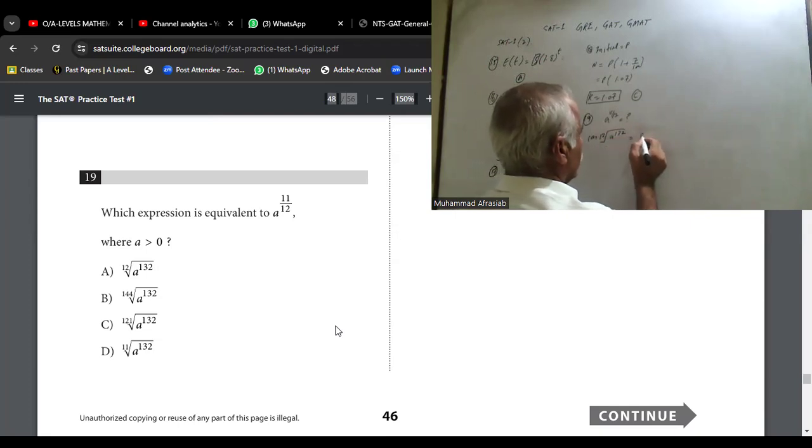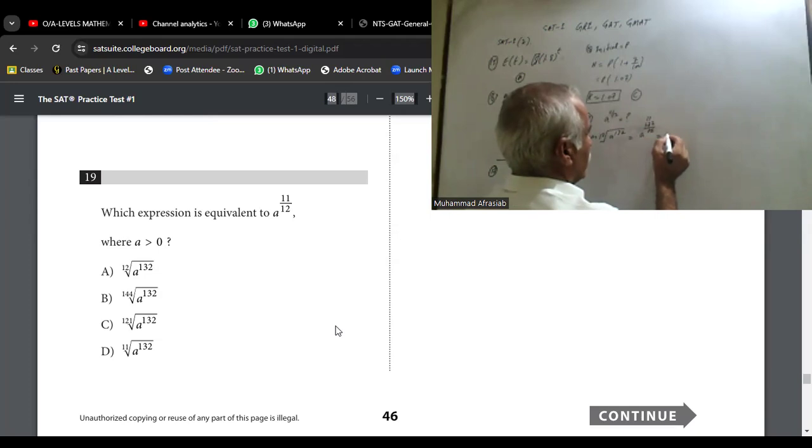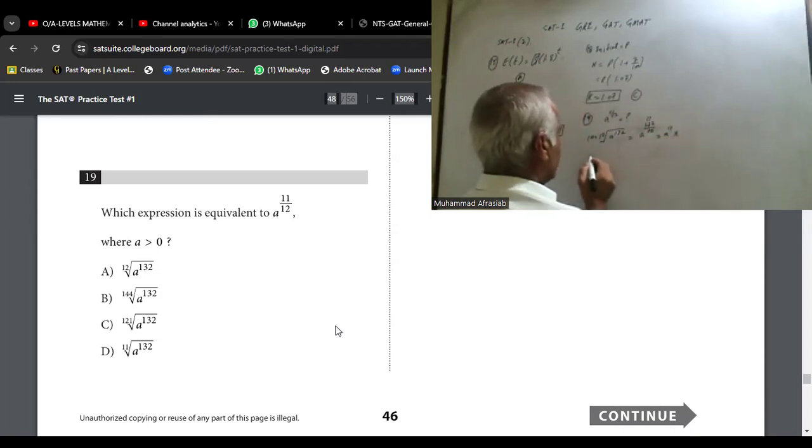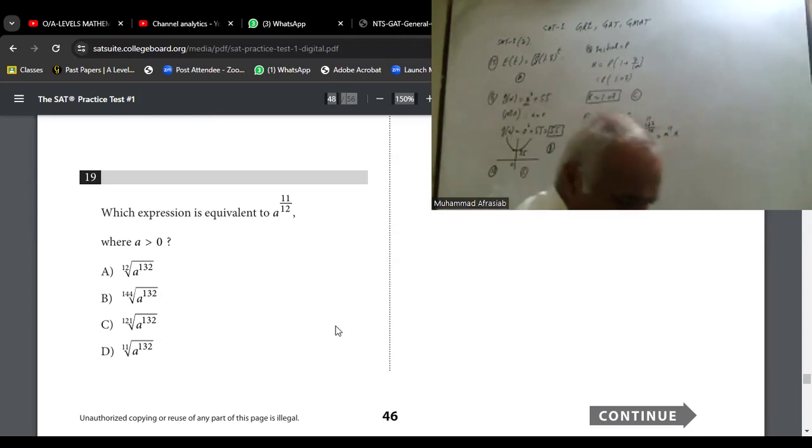So this should be equal to a to the power 132 over 12, so it should be equal to a to the power 11. It is wrong.